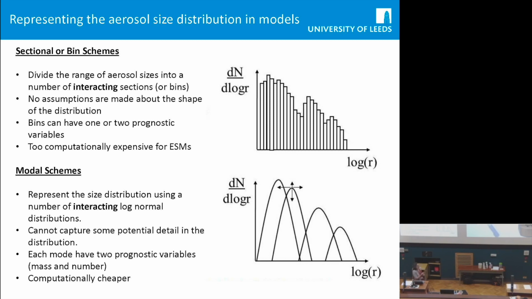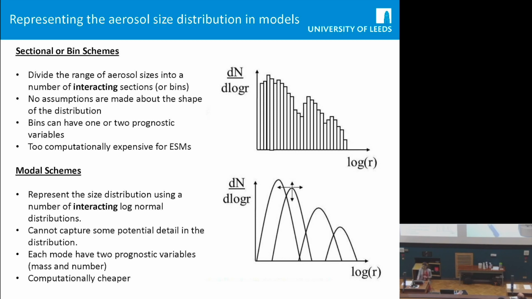That was like this example at the top, where the aerosol size distribution is divided up into very narrow bins of particular sizes. Wherever you are in the world, there's no assumption being made about the shape of that distribution, but the model is able to simulate the number and the composition of what's in each of those bins.